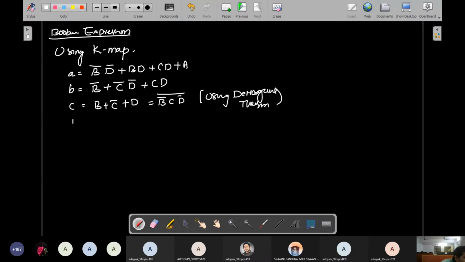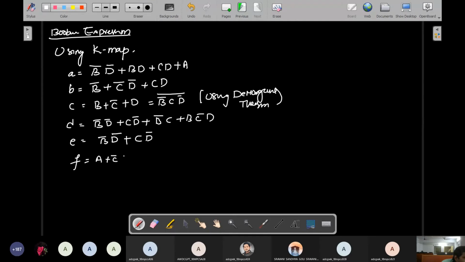And next, d is B bar D bar plus C D bar plus B bar C plus B C bar D, and e is B bar D bar plus C D bar, and f is A plus C bar D bar plus B C bar plus B D bar, and g output is A plus B C bar plus B bar C plus C D bar.